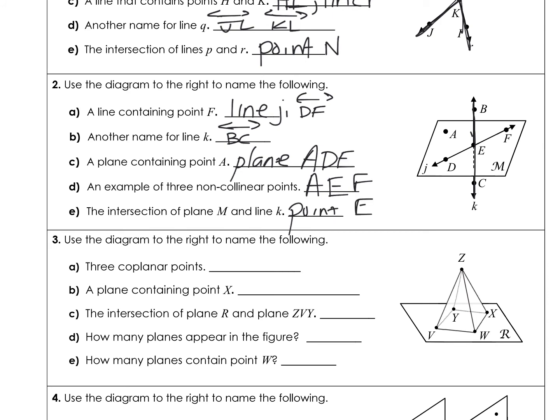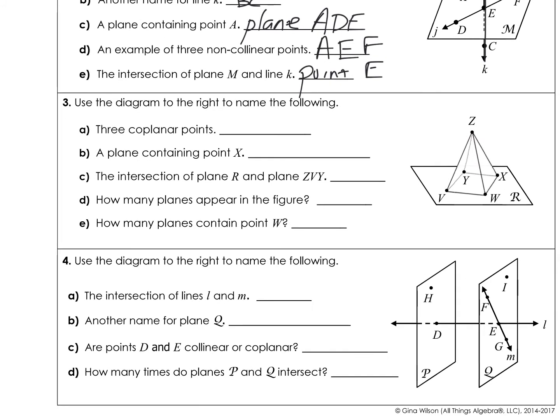Okay. All right, number 3, use the diagram to the right to name the following 3 coplanar points. Well, now we have a bunch of possibilities here, okay? We have this plane on the front of the pyramid. We have this plane on the side. There is a plane in the back, and then there's also a plane over here on the left side, not to mention that it's also sitting on a plane.